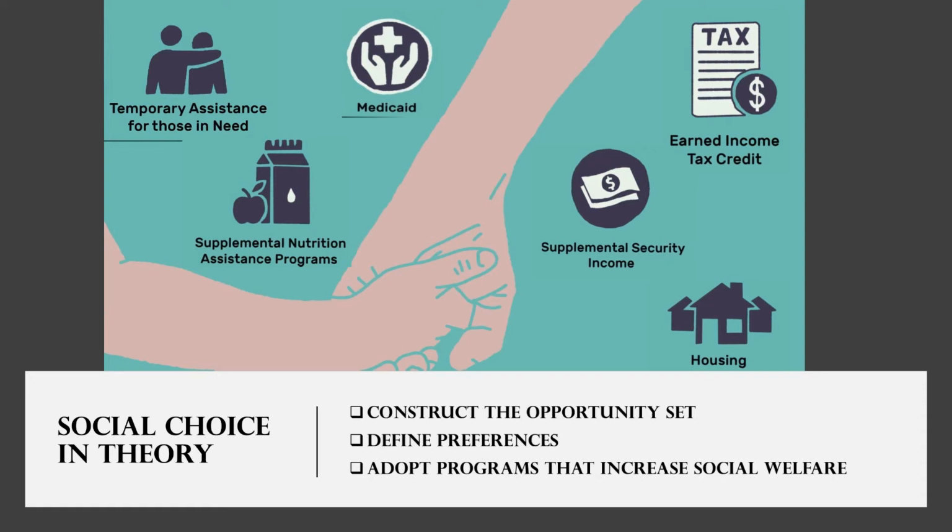All right, so we construct the opportunity set, then we define preferences, and then we adopt the programs that increase social welfare. Right. The problem here is that it might seem easy to define preferences and then adopt those programs that increase social welfare. But there are two problems.